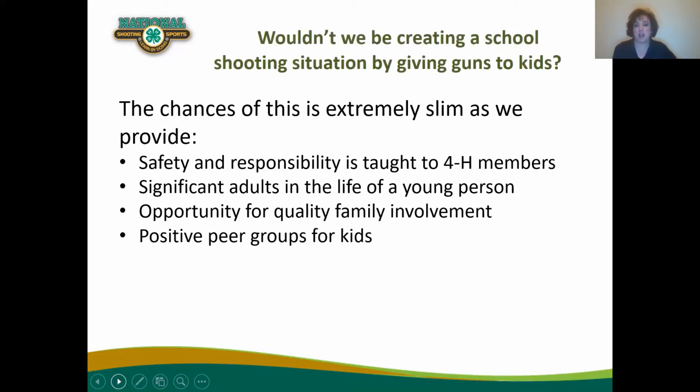We also place young people involved in the 4-H shooting sports into positive peer groups that help and support each other. The 4-H program is focused on creating a safe and inclusive environment for young people that can counteract the bullying behaviors that are the root of many of these school shootings that have occurred.